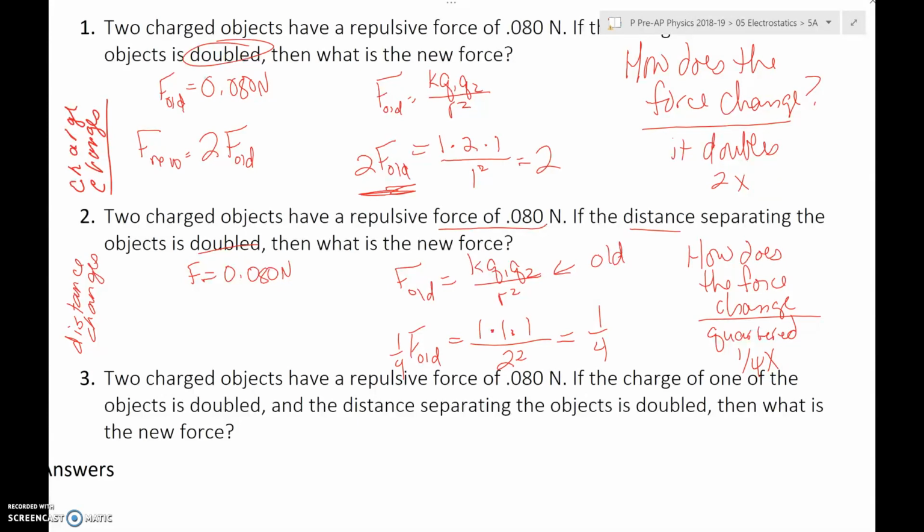So how do we find the new force? It's going to be equal to 1/4 the old force.